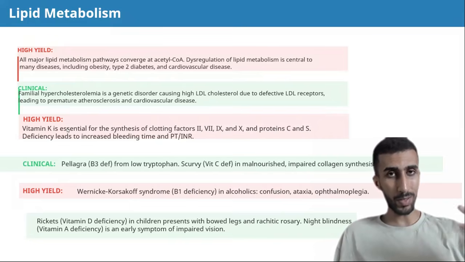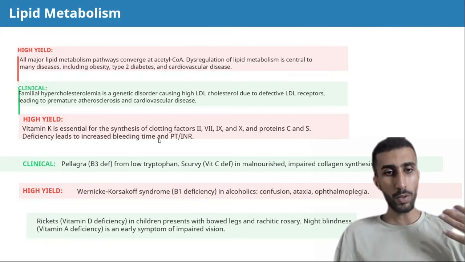Vitamin K deficiency occurs in newborns, who have low gut flora that normally synthesizes vitamin K. Also, people taking isoniazid and people with carcinoid syndrome. This deficiency leads to increased bleeding time and PT/INR.